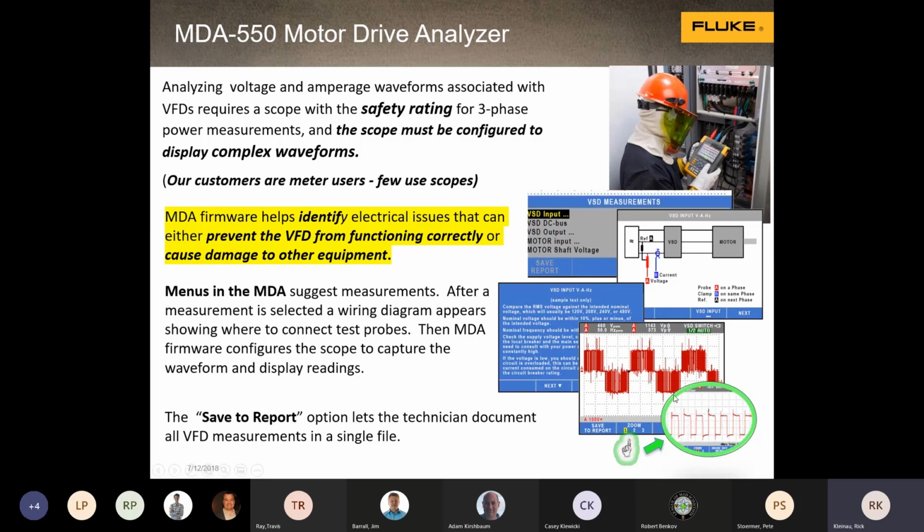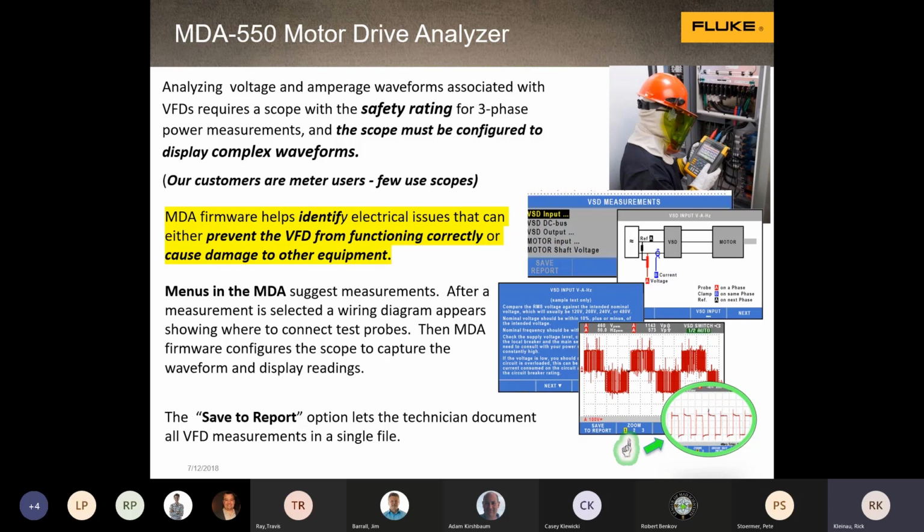Another little comment here: if a Rockwell service guy comes into your plant, he may well have a Fluke scope meter, but his interest is different from most of our end user customers who have these things. You can troubleshoot the VFD itself, but generally what our customers are looking for is what the drive is doing in its environment. Is there something happening on the front end that might upset the drive, or is the drive putting harmonics out? You can look at things like harmonic distortion on the front end of the drive.